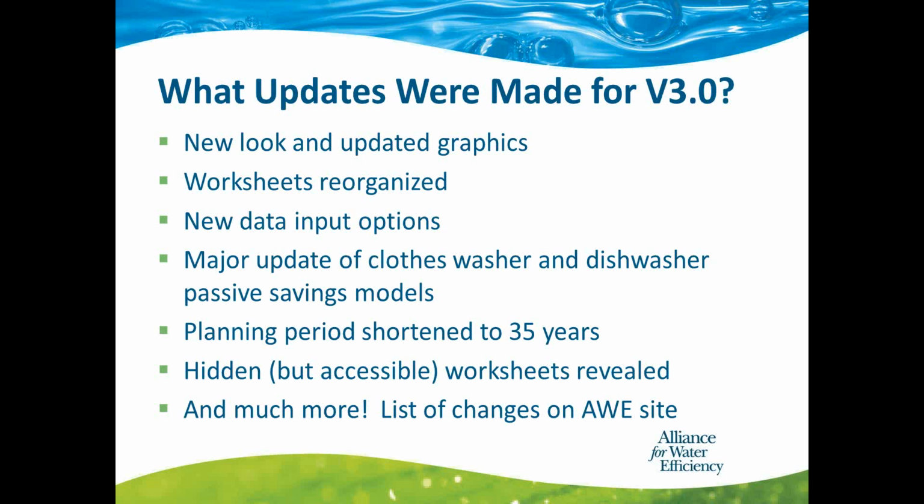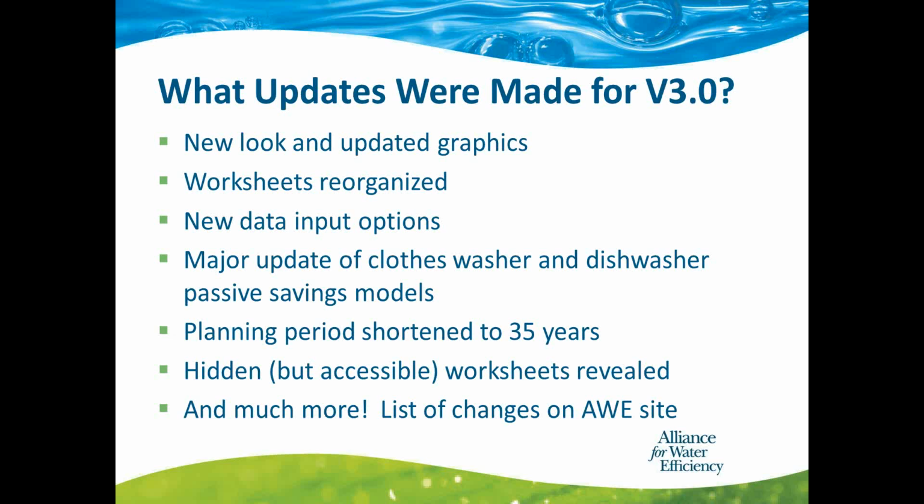The worksheets themselves have been reorganized to give a better user experience and have more efficient data input, as well as laying the outputs out in a more efficient way. We had a major update of the clothes washer and dishwasher passive savings models to reflect the changes on the federal level for requirements for those appliances.